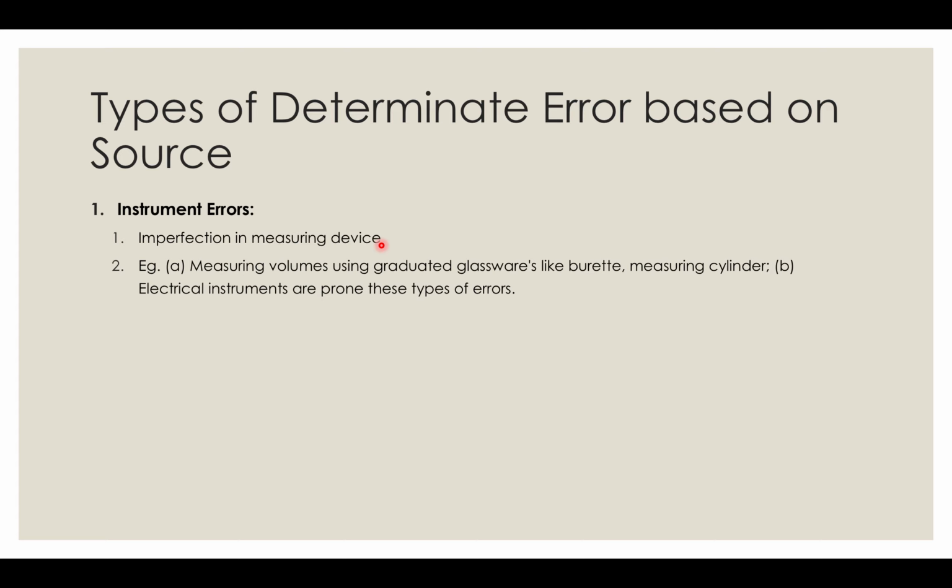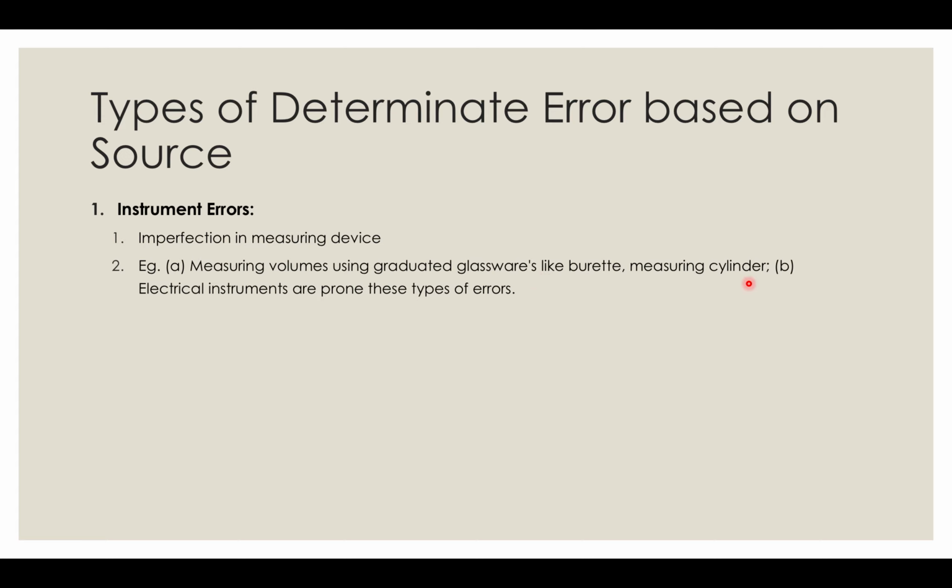Whatever measuring device you are using for analytical determination, any error in that instrument can lead to instrument-based error. For example, you are measuring volume using graduated glassware like a burette or measuring cylinder.